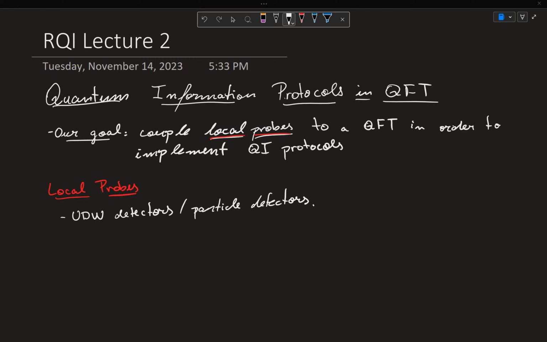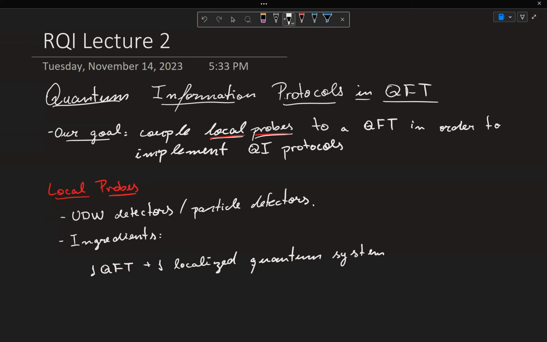Now, these particle detectors or UDW detectors, the idea is that we're going to need two things or two ingredients. We're going to need a QFT, a quantum field, and we're going to need a localized quantum system that couples to this quantum field theory.